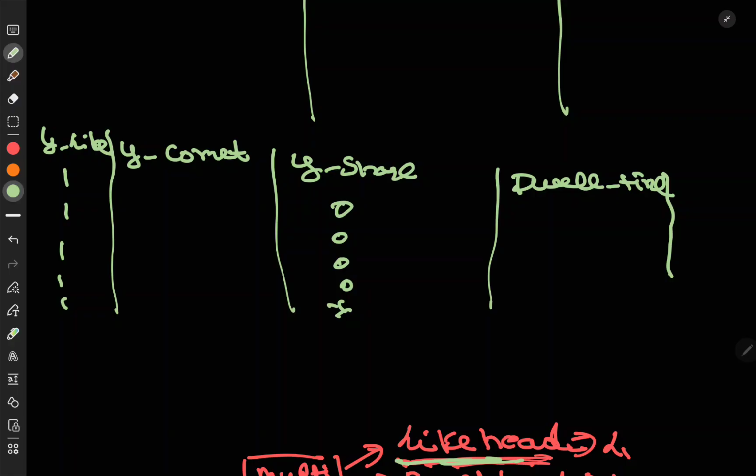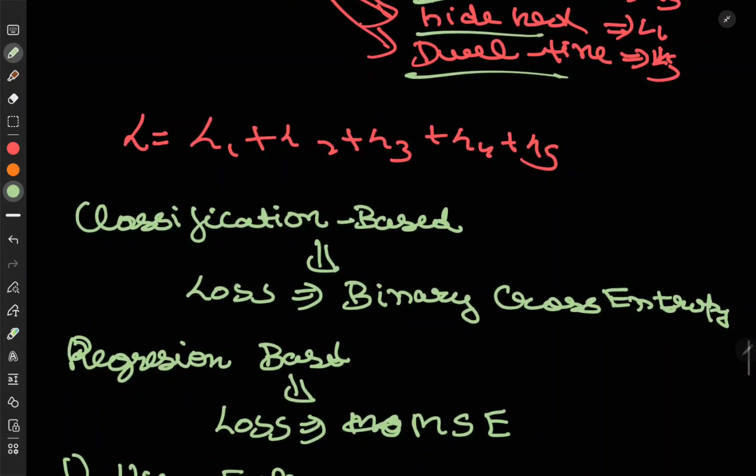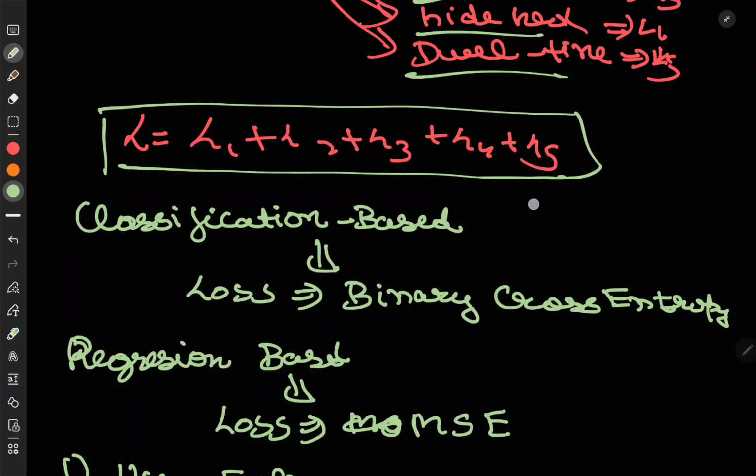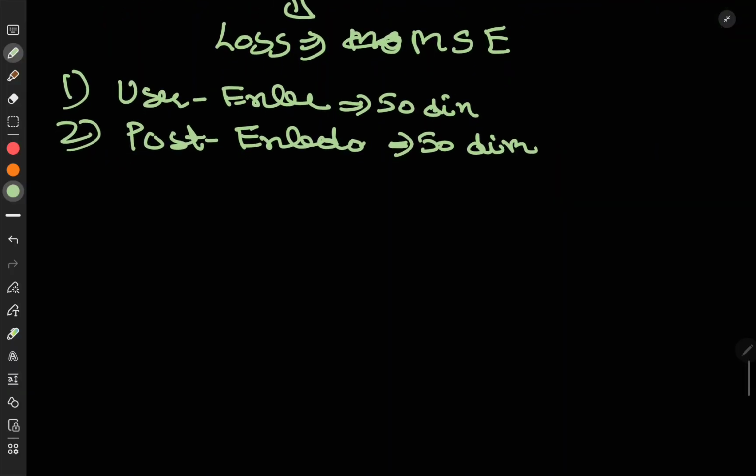So what we can do is, when calculating the total loss, give different weightage to different things, for example like has a weight of 1 and share has 3, meaning you are just giving more weightage.